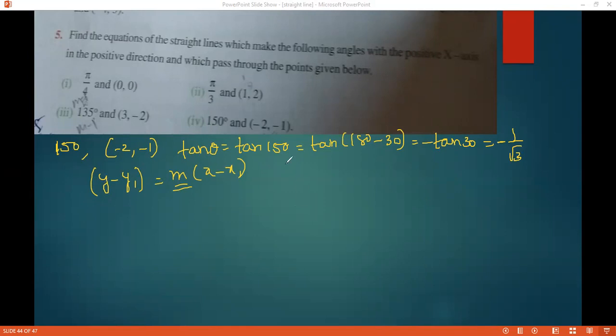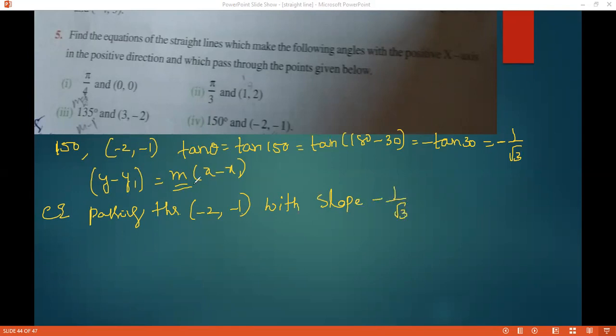So the equation passing through minus 2 comma minus 1 with slope minus 1 upon root 3.